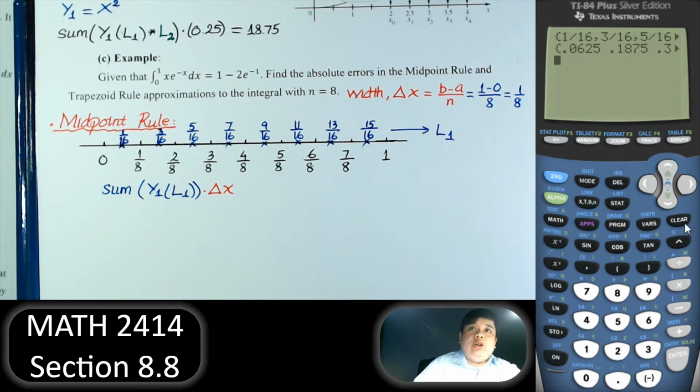Right, that's one way to do that. Another way to do that is using the sequence. Instead of hitting, I think we just hit second stat. So second stat, instead of going to option number 5 for the sum, we go to the second tab, on to number 5. Right, the expression is what?